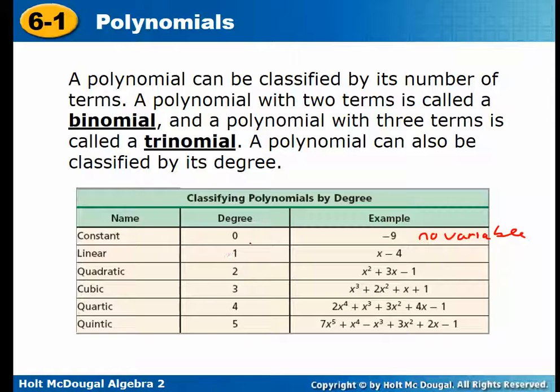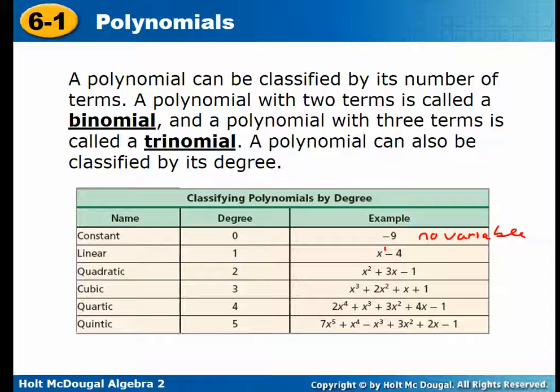If it's linear, it has just an exponent of 1, like x to the 1, like 3x plus 6. A quadratic is squared, so the highest degree is x squared. A cubic is x cubed. A quartic is when we have a 4th degree, and a quintic is when you have a 5th degree. So that's classifying by degree.